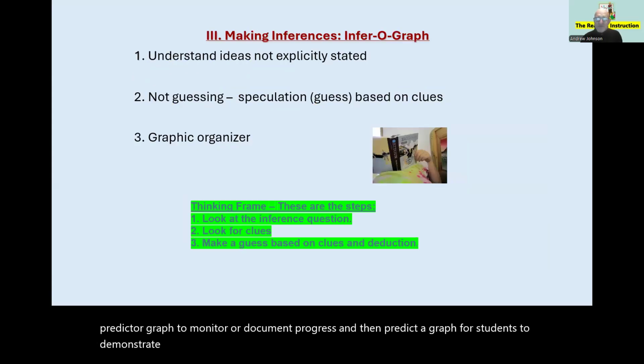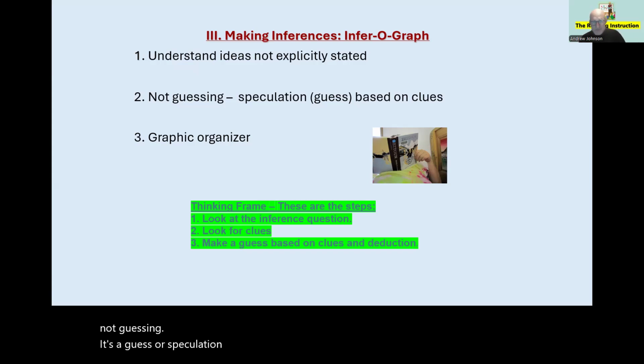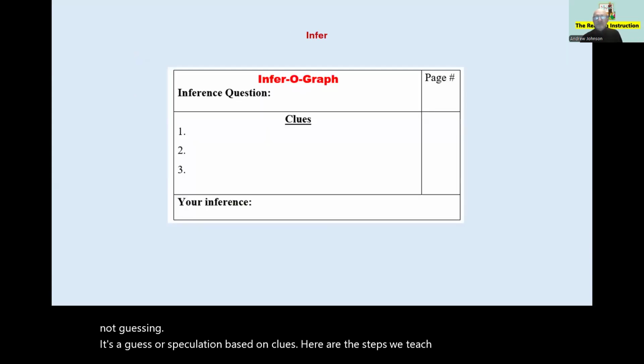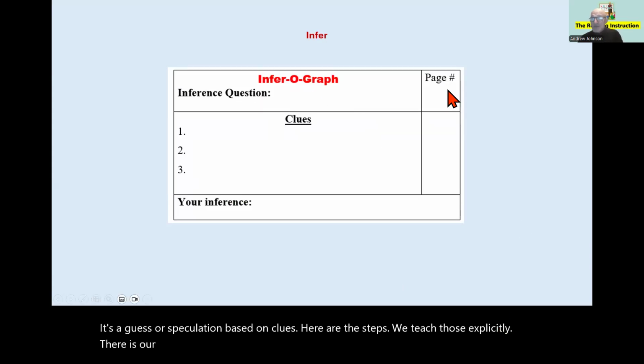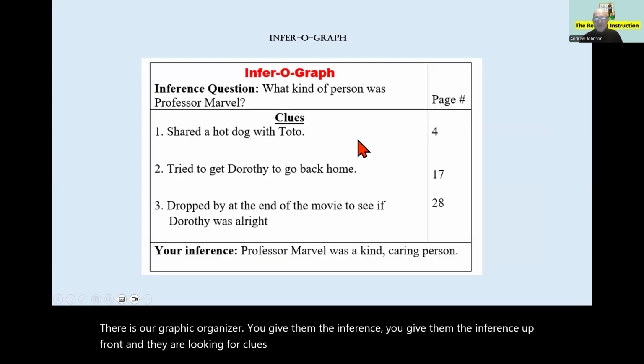Same thing with an inference. Ideas not explicitly stated. You're not guessing. It's a guess or a speculation based on clues. Here are the steps. We teach those explicitly. There is our graphic organizer. You give them the inference up front, and they are looking for clues, and they make the inference.